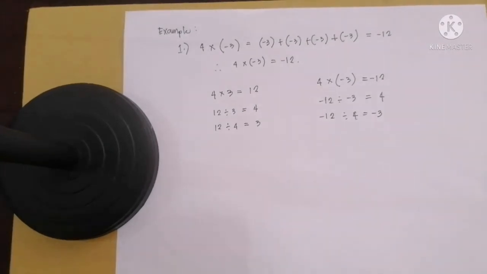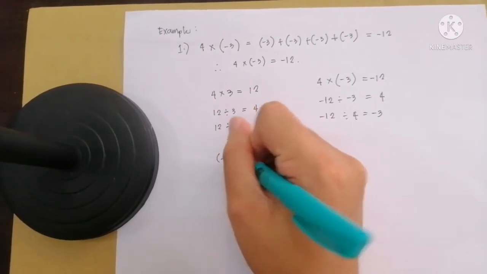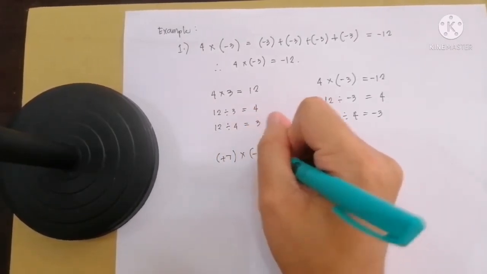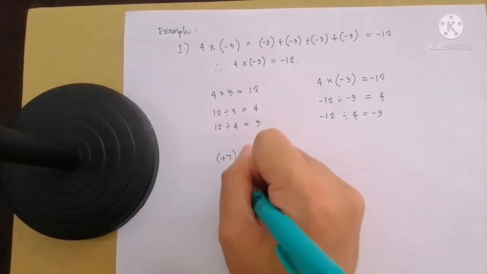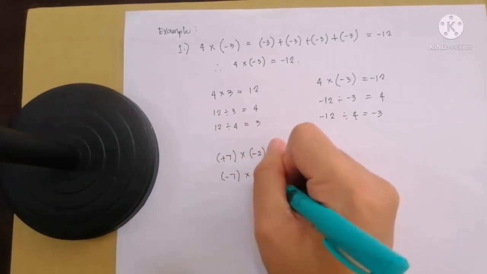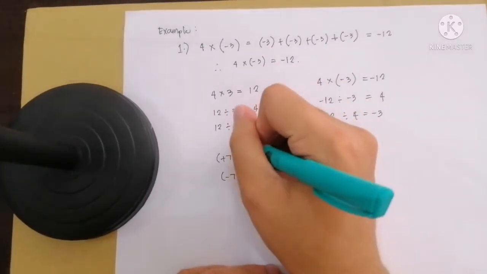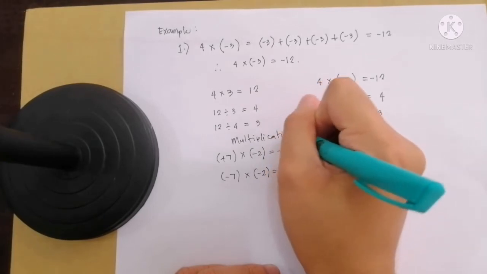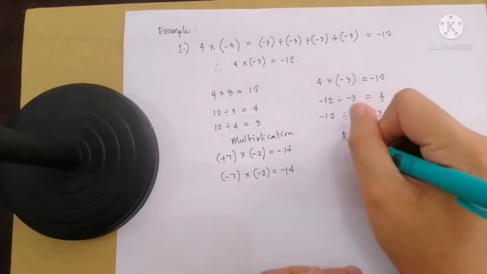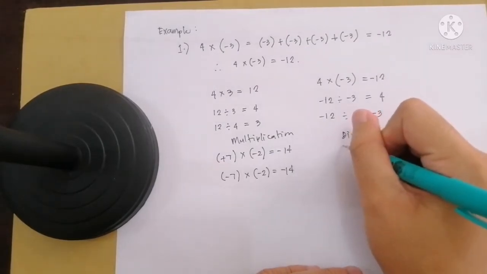Now, let us examine the following multiplication. We have here positive 7 times negative 2 is equal to negative 14, and negative 7 times positive 2 is equal to negative 14. So this is the multiplication process, of course. And let us now show the division process.